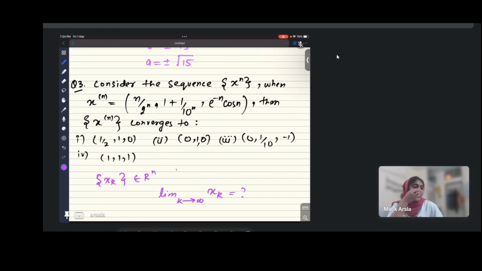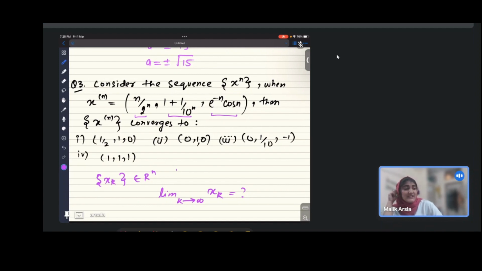We tend k to infinity, find the limit value of xk, and say that the whole vector converges to that vector only. If xk converges to a certain point, then each component individually converges to the corresponding component of that vector.